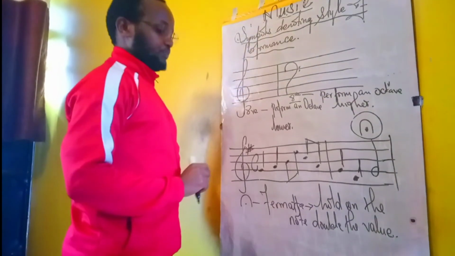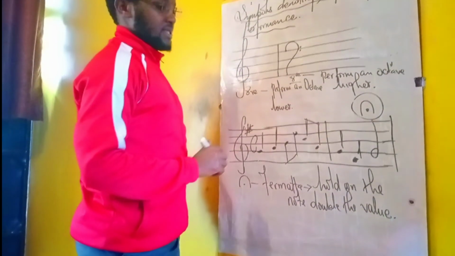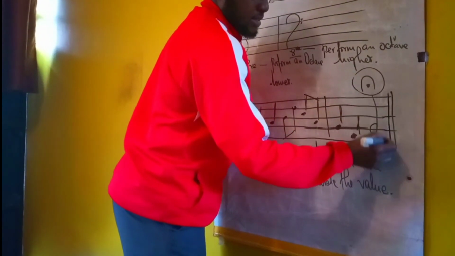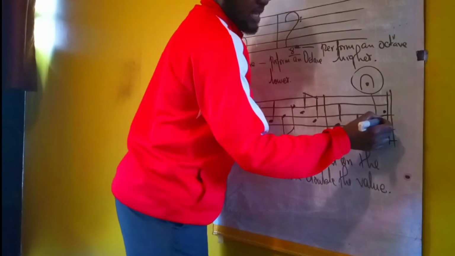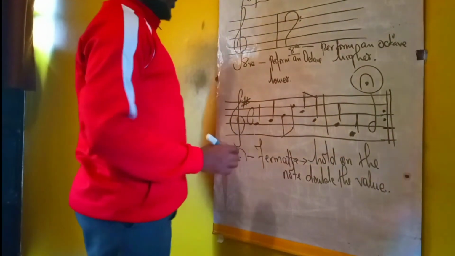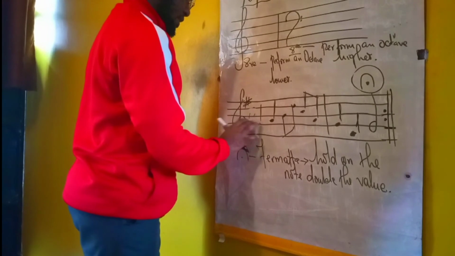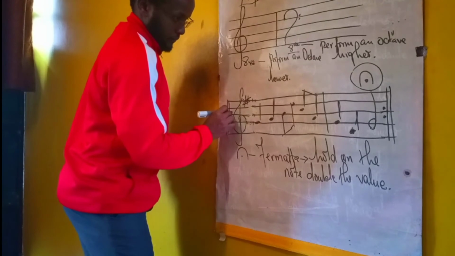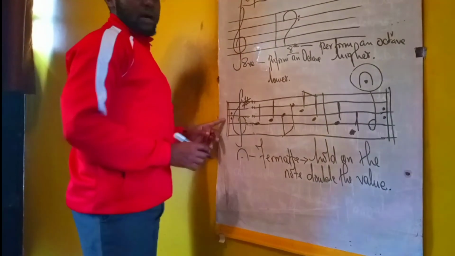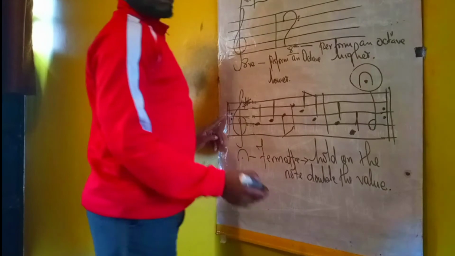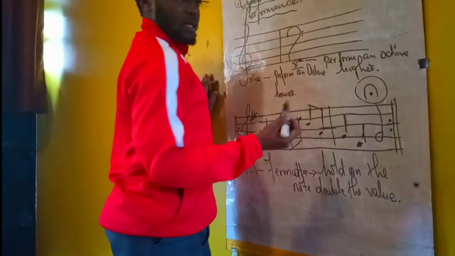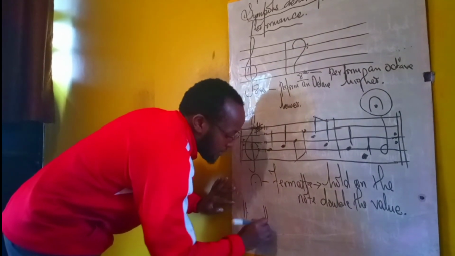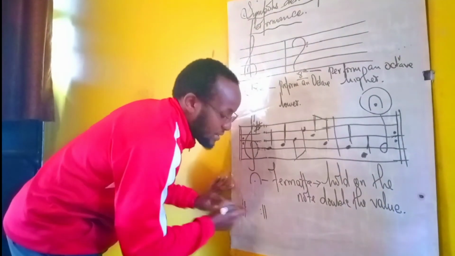This is a fermata. We could have these marks also. Let me write this. A double bar with 2 dots there and another double bar here. Double bar with 2 dots, double bar with 2 dots. This requires you to repeat. The moment you see double bar with 2 dots, repeat from the repeat marks.